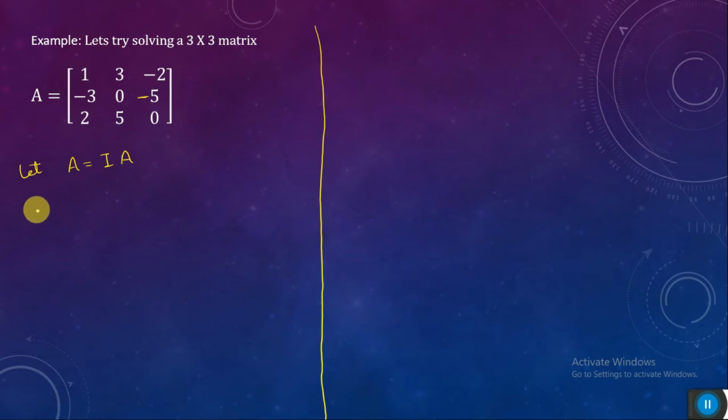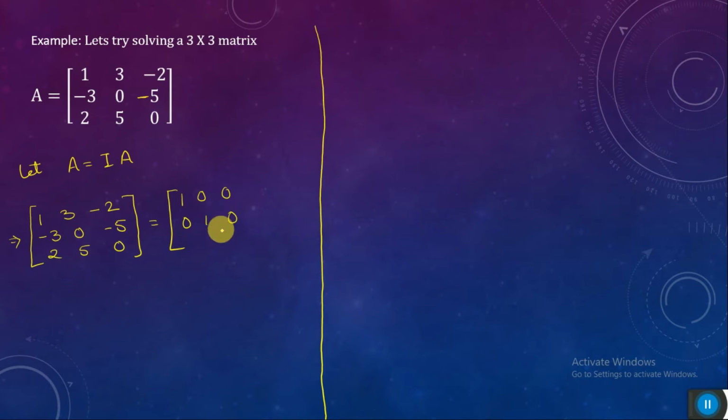So in place of A I will be writing 1, 3, minus 2, minus 3, 0, minus 5, 2, 5, 0 is equals to, I will write 1, 0, 0, 0, 1, 0, 0, 0, 1.